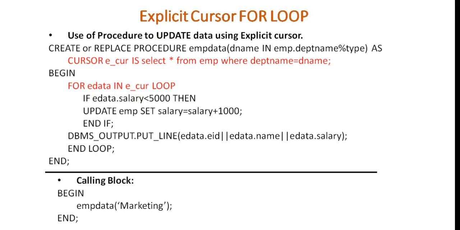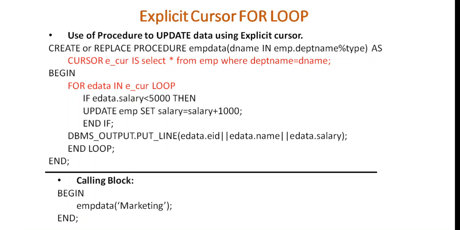Then the calling block is the same as in the previous example. In the calling block, we are just calling the procedure name by giving some department name: EMP data marketing. When you execute this statement, it will call the procedure and fetch data for the marketing department. Then in the for loop, it will check whether any employee has salary less than 5000.